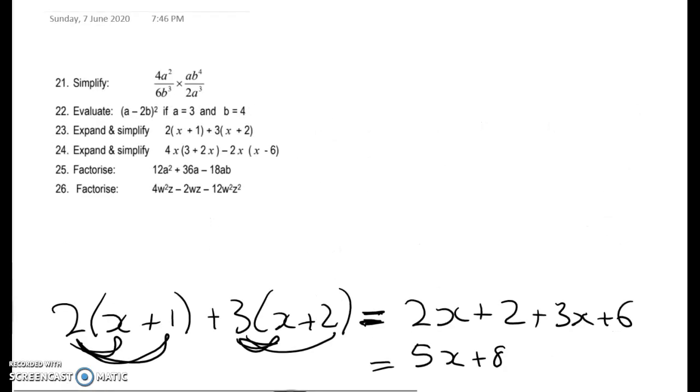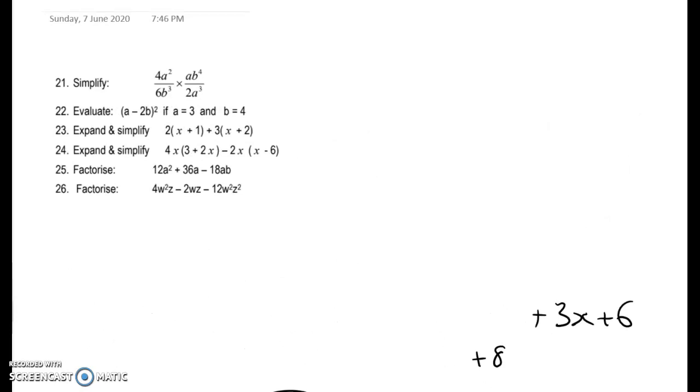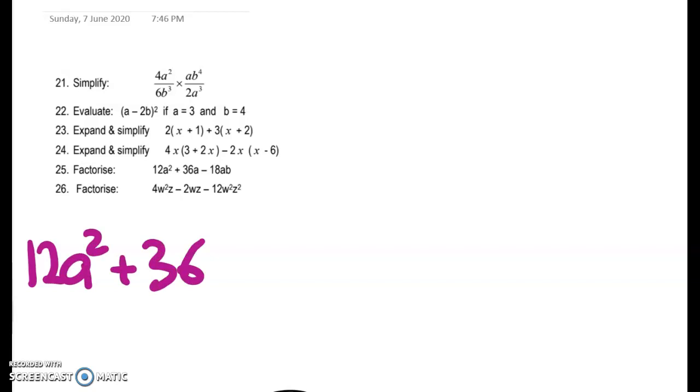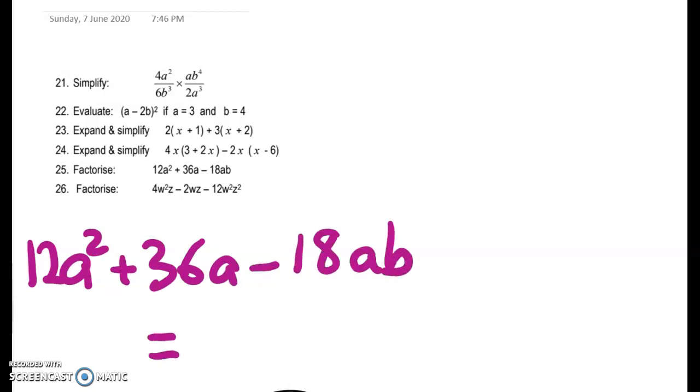Okay, 2 left to do, and they're factorizing ones. Here what we have to do is look for the highest common factor in the numbers and the coefficients, and then in the a's and the b's, and then in the second one the w's and the z's. So 12a squared plus 36a minus 18ab is equal to, right, numbers first, highest common factor here is going to be 6.